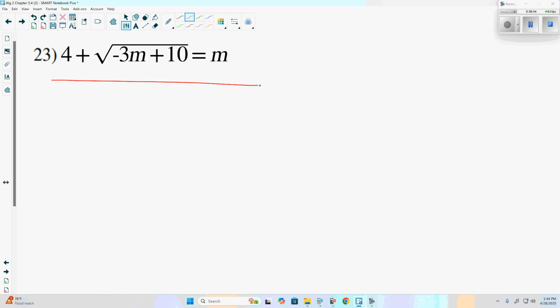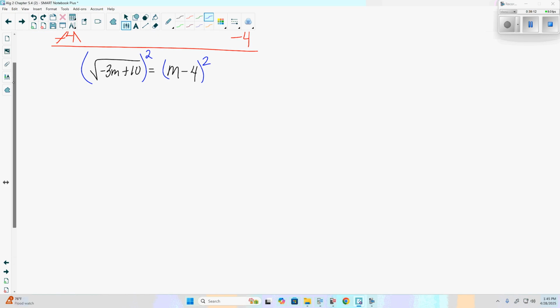No. So we're going to have to subtract the 4 from both sides because our 4 minus 4 will simplify, leaving us with negative 3m plus 10 is equal to m minus 4. Now is the radical by itself? Yes. So we're going to put both sides to the nth power. Well, the power in our case is 2.